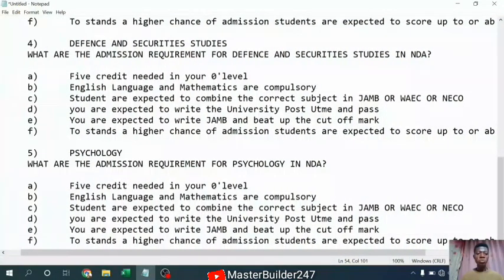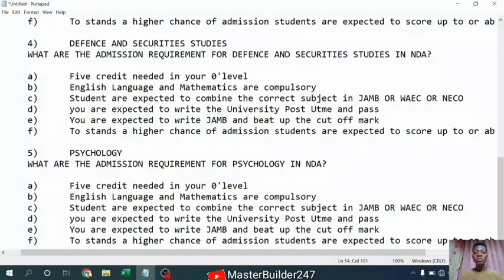Alright, so for you to be able to apply for the psychology course, an art course in NDA, you need to have 5 credits in your O level. Also, English language and mathematics are compulsory too. Students are also expected to make sure that you do the correct combination of subjects in your WAEC, NECO, or JAMB. And also, you are expected to write the university post-UTME and pass it.